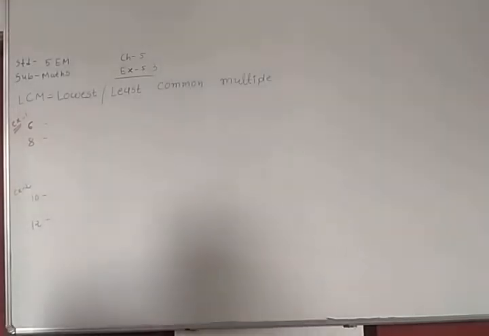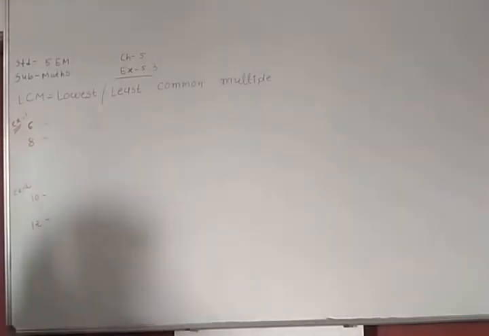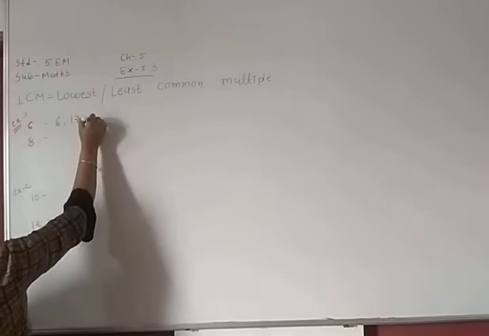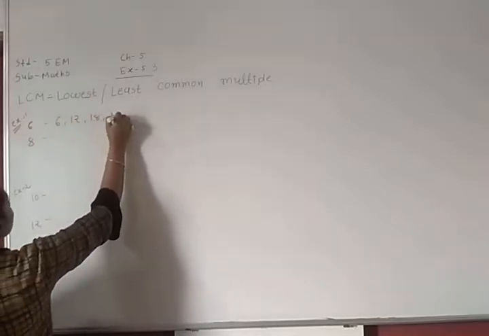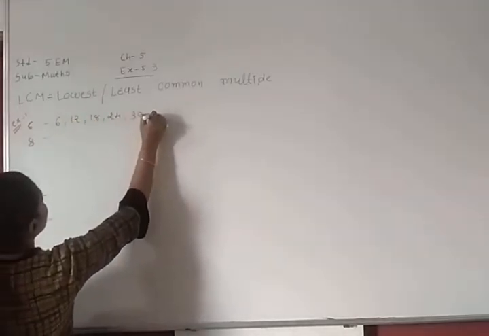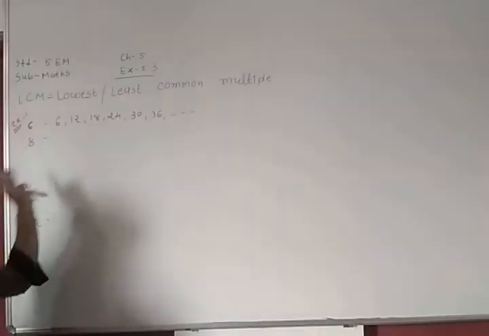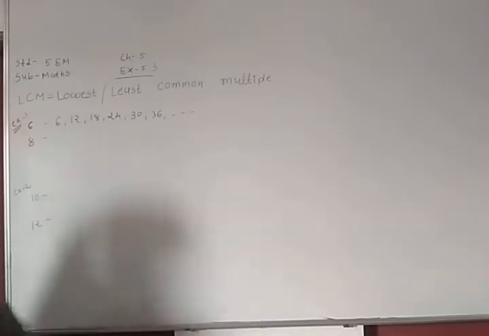So for that, what will I do? I will write all the multiples of 6 and 8 first. 6 na multiple. It will go up to infinite. So many multiples will come.